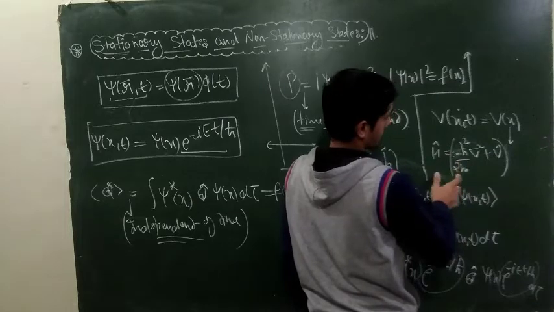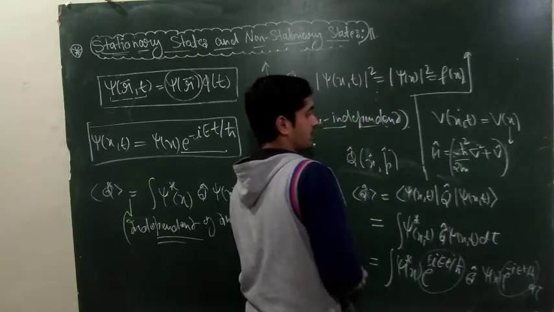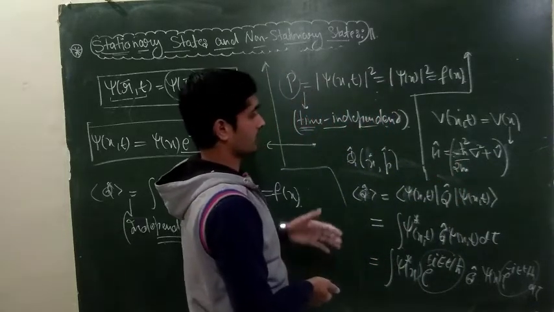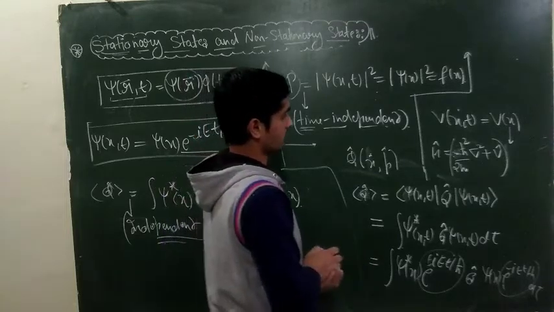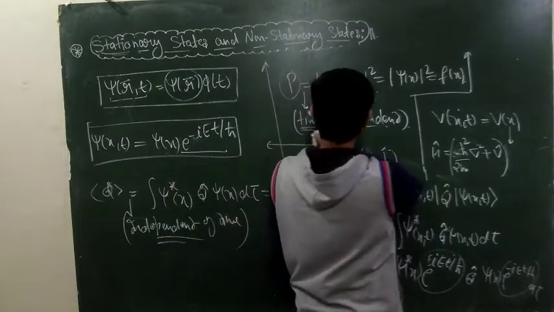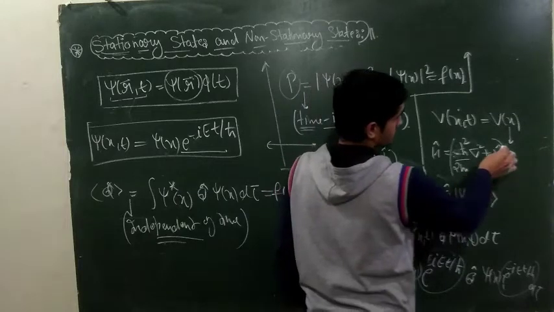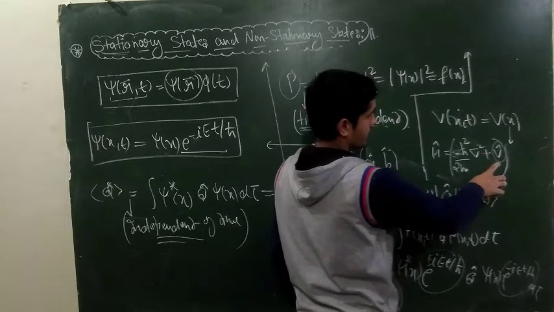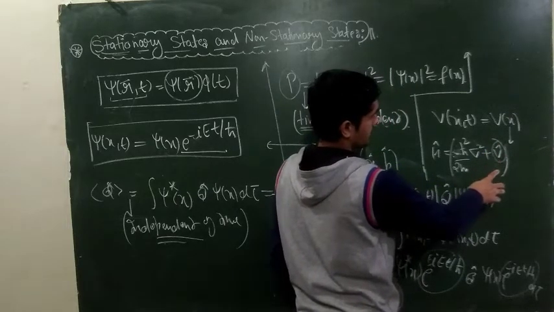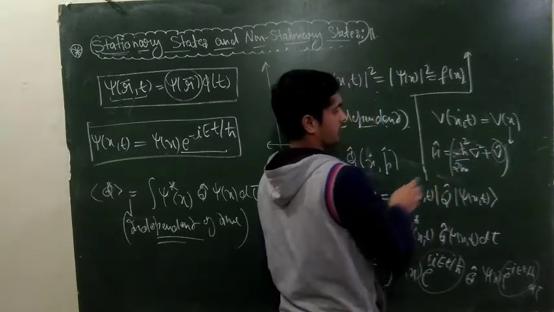As I said in the previous lecture, the stationary states are for the time independent Hamiltonian. That is because for the stationary states we assume that the potential is time independent, and if the potential is time independent, the whole Hamiltonian is time independent.